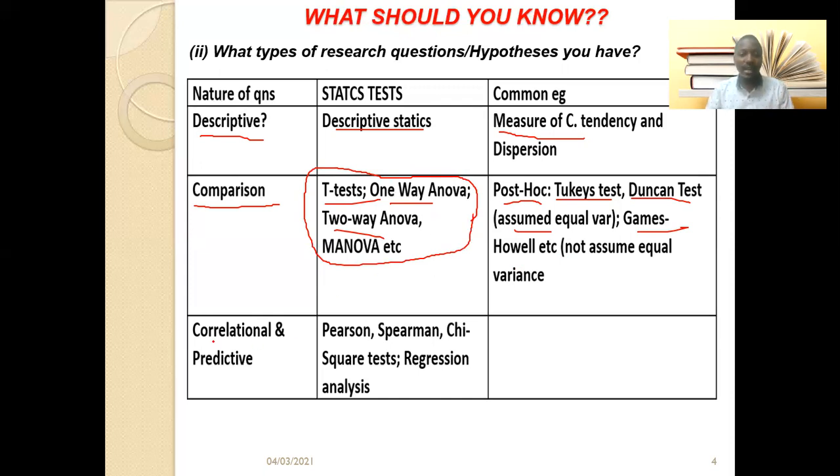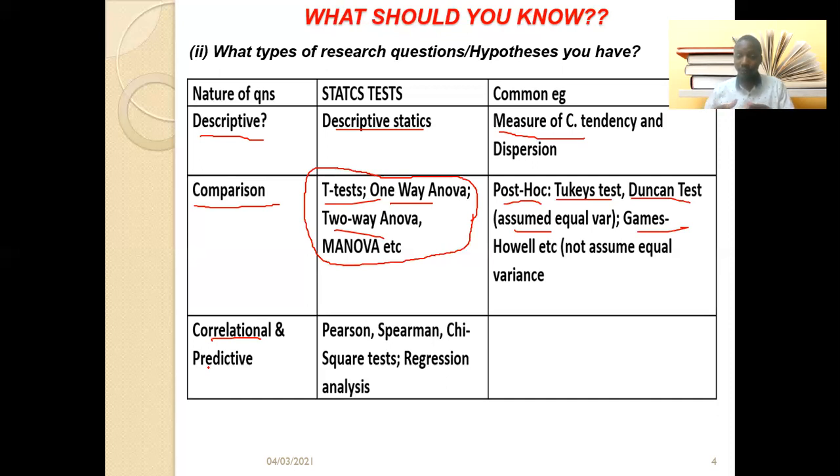When you are doing a study related to correlation, you want to see if there is a relationship between two or more variables. If one variable influences the other, and you even want to make predictions of a particular effect.